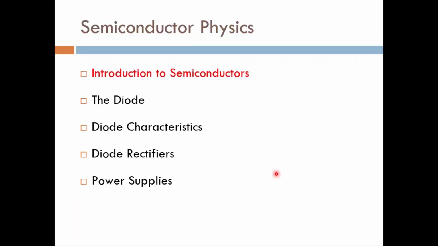The introduction to semiconductors is already discussed. Now we will start with the diode, its operation, diode characteristics, then how diodes are used in rectifiers, in power supplies, and some of the special purpose diodes.